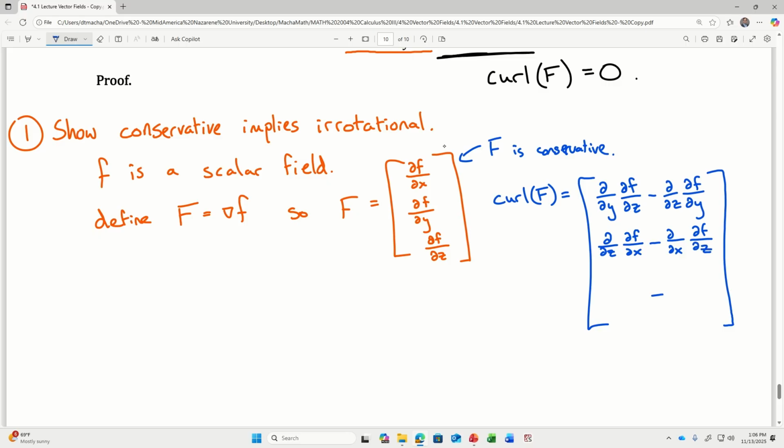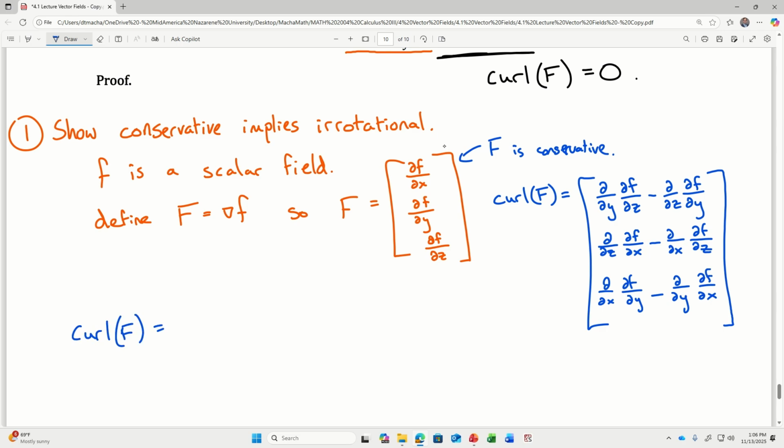And then the last is going to be the partial with respect to x of the partial of lowercase f with respect to y minus the partial with respect to y of the partial of lowercase f with respect to x. Yuck. And it may look really confusing still, but it's not. It's getting better.